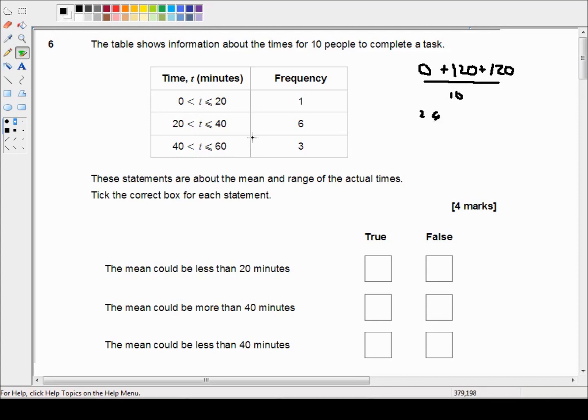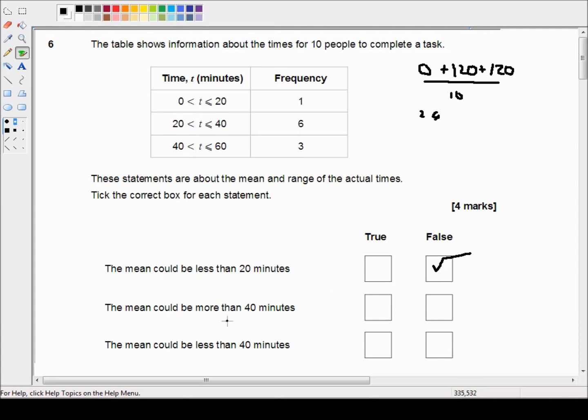So no, even if they took the lower bound, which is actually even slightly lower than the lower bound, because that's not less than or equal to, it would still take 24 minutes. So it's completely impossible for the mean to be less than 20 minutes. My tick looks like a square root, that's not good.